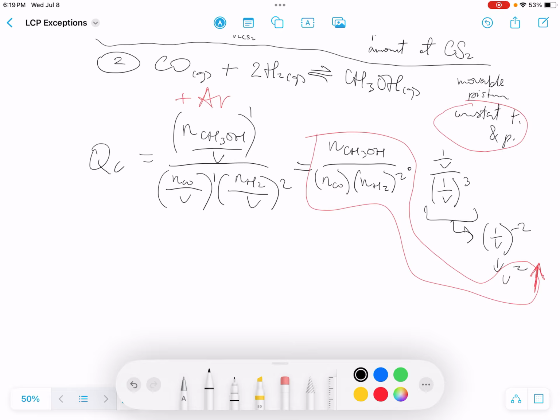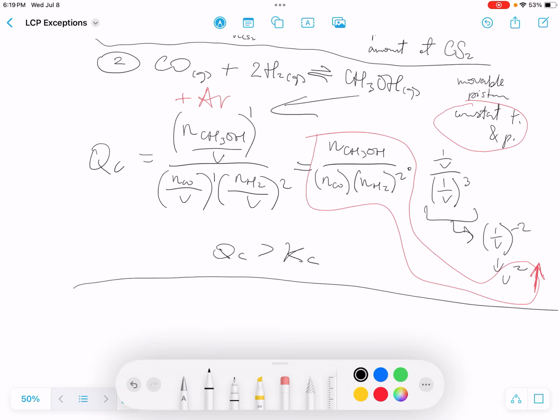That means our Q actually is going to be greater than our Kc, because this QC is equal to this moles times V squared term, and our V squared is actually increasing. So our QC is going to be greater than our Kc. So actually our reaction is going to shift to the left. And that is unlike what Le Chatelier's principle said. It said nothing would happen.